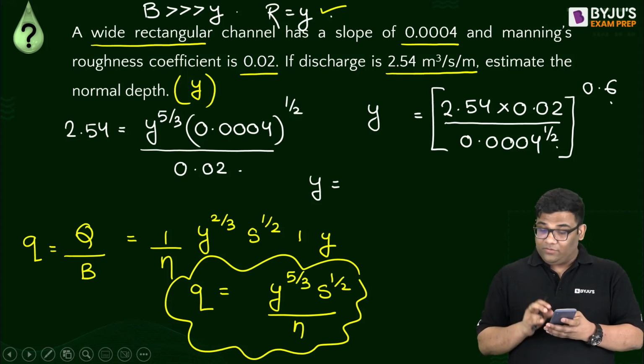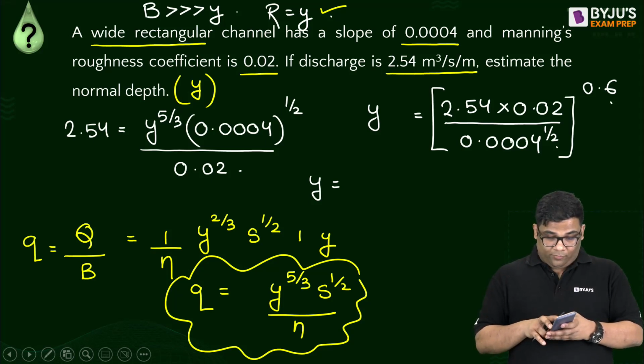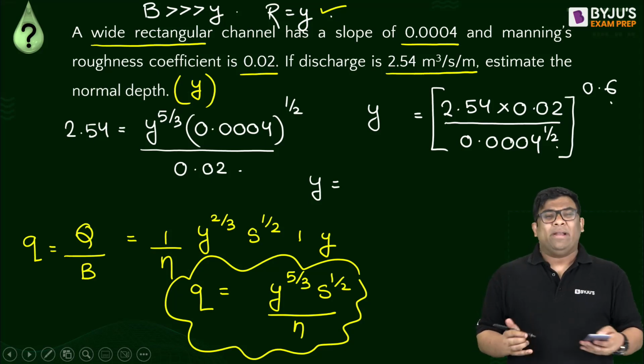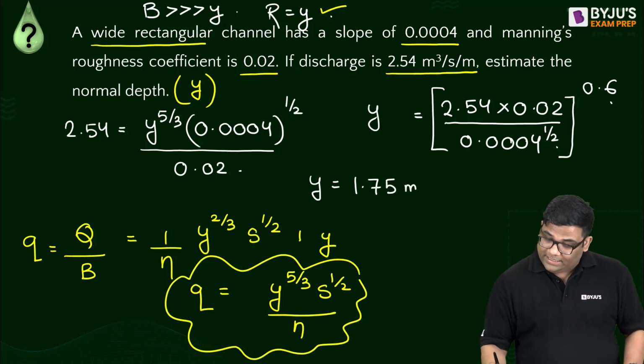Okay, now it is fine. Now whatever it gives, I will do it to the power 0.6. So I am getting 1.75 meter as the normal depth, or I can say depth of flow.